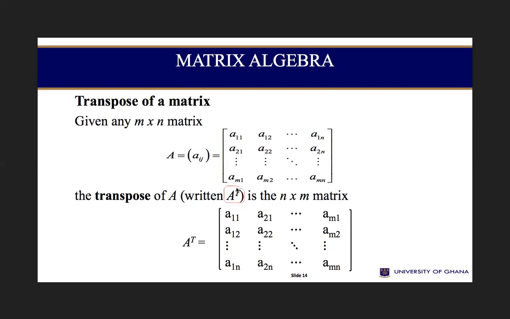So meaning that if it is matrix B, then you are transposing B, which is B to the power T. So what it simply means is when transposing a matrix, rows will become columns.